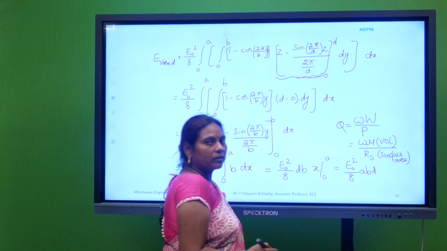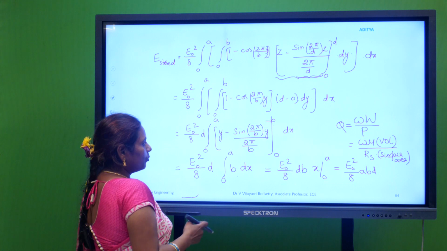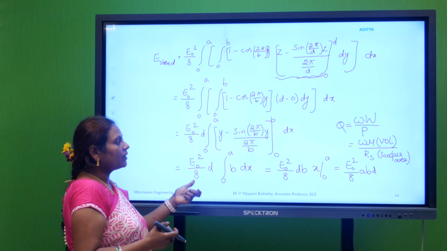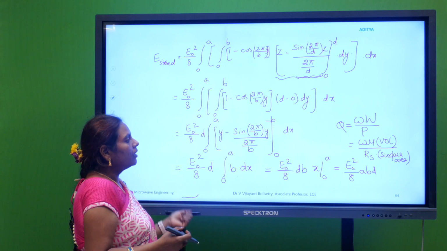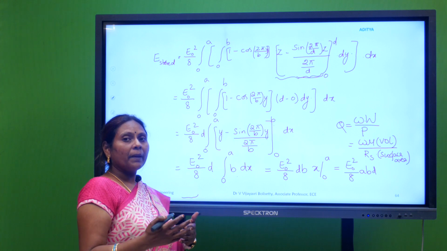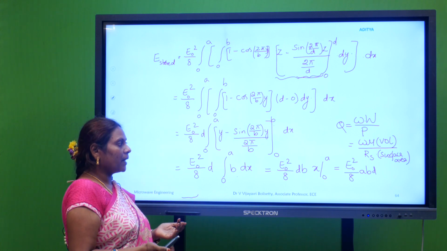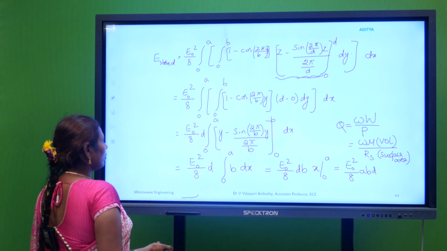Now let us find the surface area in a similar way, that is, the power loss over the surface area. But here we have to consider the different planes, like the xy plane, yz plane and xz plane, to find the surface area.